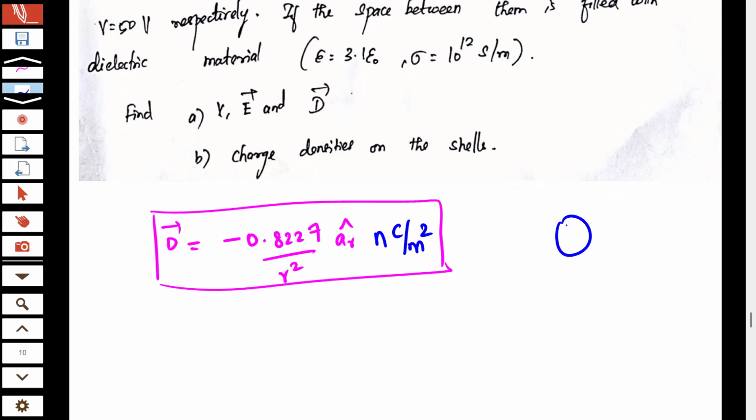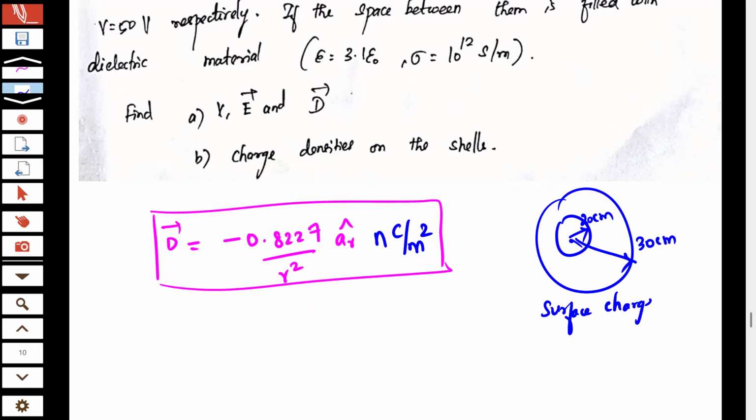One shell is at a radius of 20 centimeter, another shell is at a radius of 30 centimeter. The charge densities will be in the form of surface charge density, because on the spherical surface, surface charge densities are going to be present. Surface charge densities rho S1 and rho S2 we have to find. That is the second subdivision.